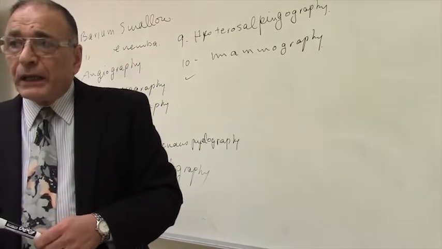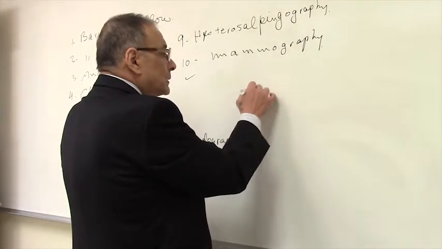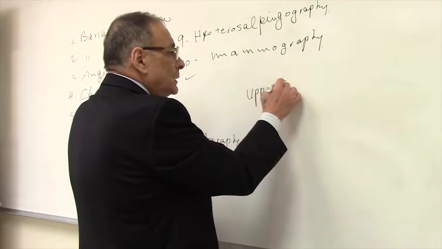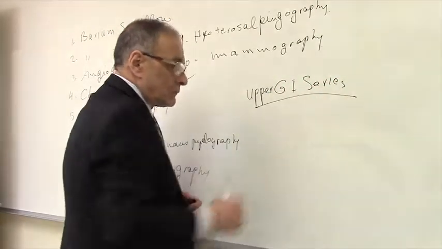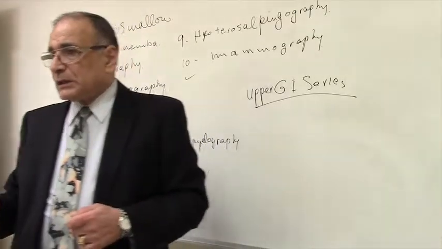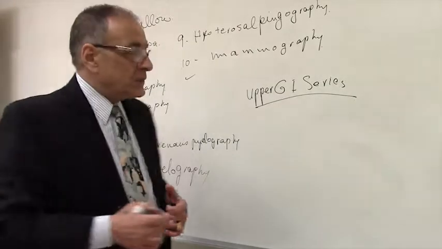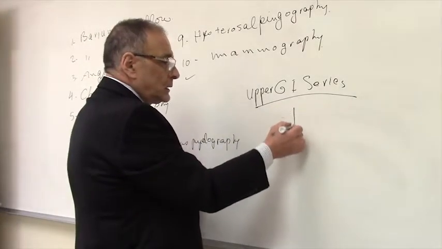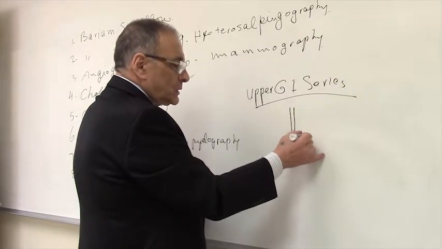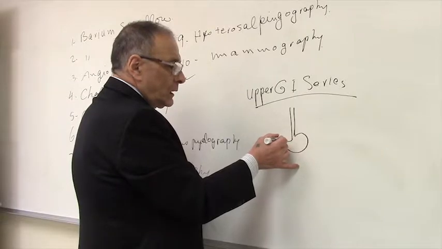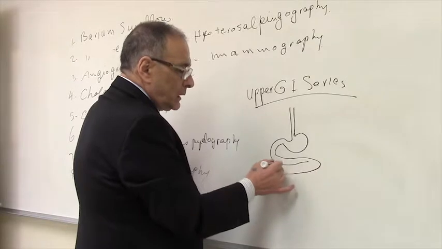Barium swallow is used to visualize the upper gastrointestinal series. What do you mean by upper gastrointestinal series? The upper gastrointestinal tract is formed of the esophagus, stomach, and duodenum, jejunum, ileum.